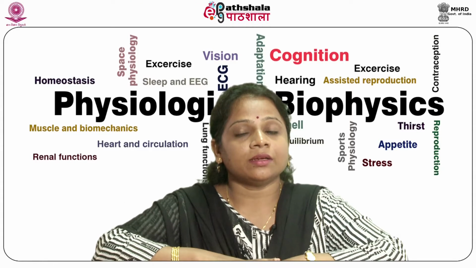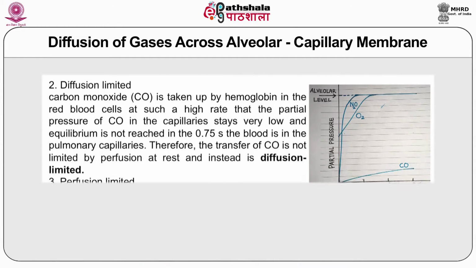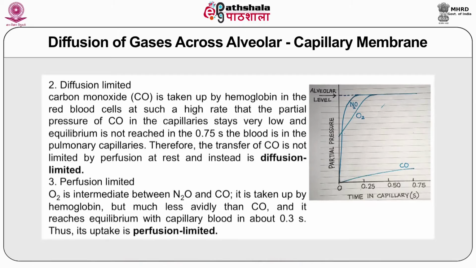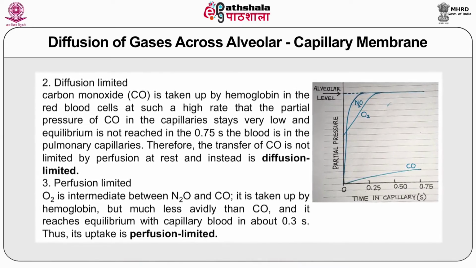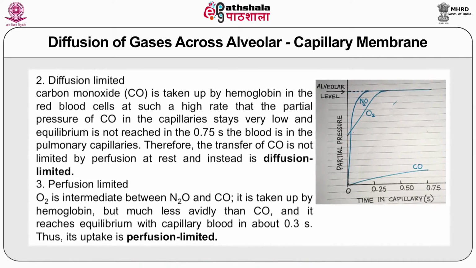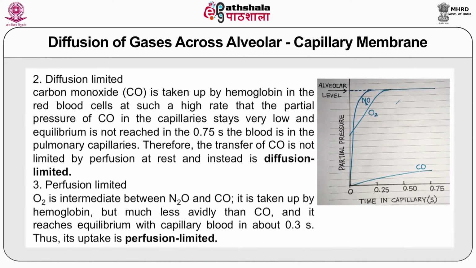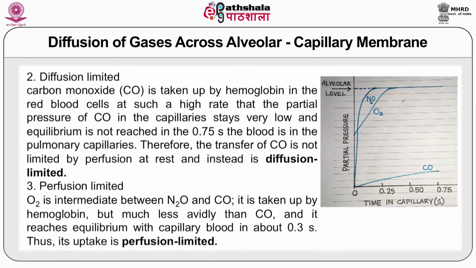The uptake of a gas can also be diffusion limited, as in the case of carbon monoxide. Carbon monoxide is taken up by hemoglobin in the red blood cells at such a high rate that the partial pressure of carbon monoxide in the capillaries stays very low and equilibrium is never achieved in 0.75 seconds in pulmonary capillaries.